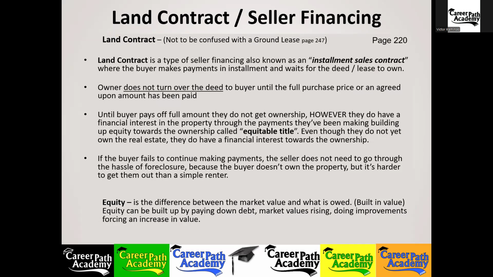A land contract is a type of seller financing, sometimes known as an installment sales contract, where the buyer makes payments in installments and waits for the deed. It's kind of like a lease to own. It is basically a lease to own. You're leasing it, and the owner doesn't give you the deed to the property until you pay off the full amount that's owed.